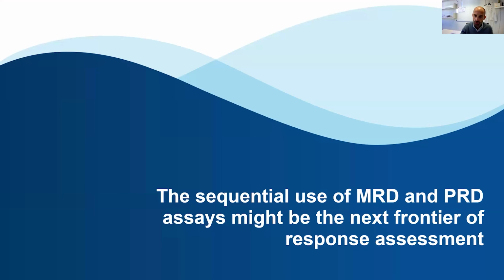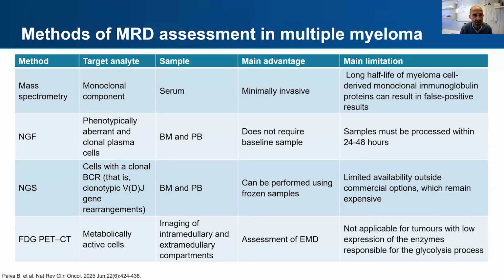And this is why we believe that the sequential use of MRD and PRD assays is the next frontier of response assessment in multiple myeloma, and it is, in my opinion, also mandatory to bring to the field to improve patients' quality of life.